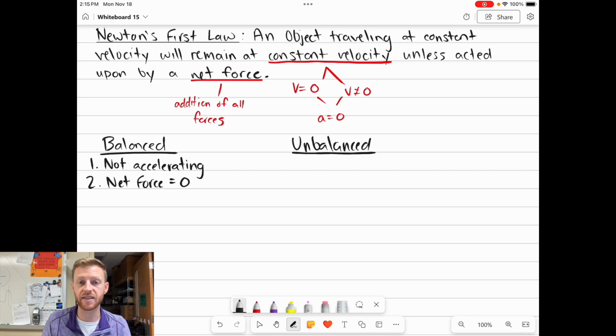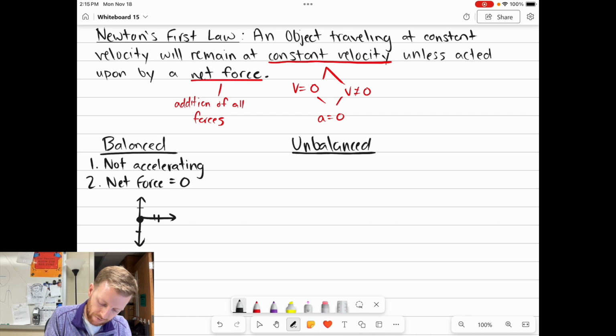So because my net force is zero, I'm not accelerating, therefore my object is balanced. We've seen a free body diagram like this before, where all of my arrows have a corresponding opposite magnitude and direction arrow to go along with it.